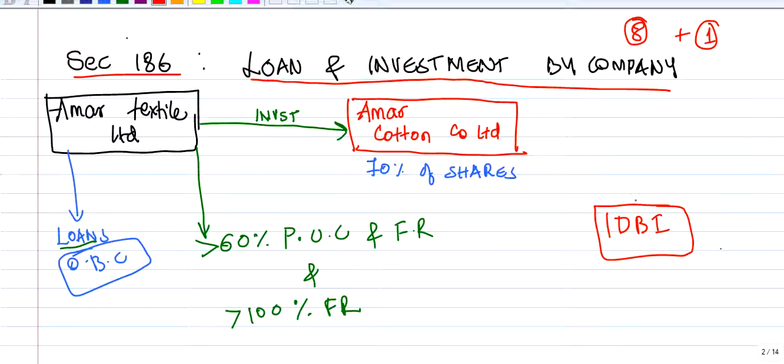So from IDBI they obtained the term loan.